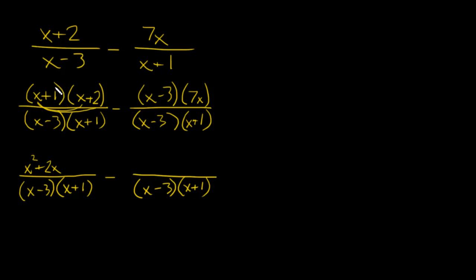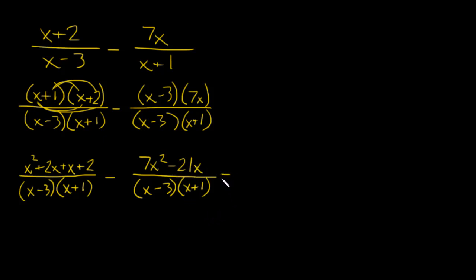Okay. The x has been distributed. Now I distribute the 1. 1 times x, x, 1 times 2, 2. Okay? And I'll come over here. x times 7x, 7x squared. Negative 3 times 7x, negative 21x. Okay?